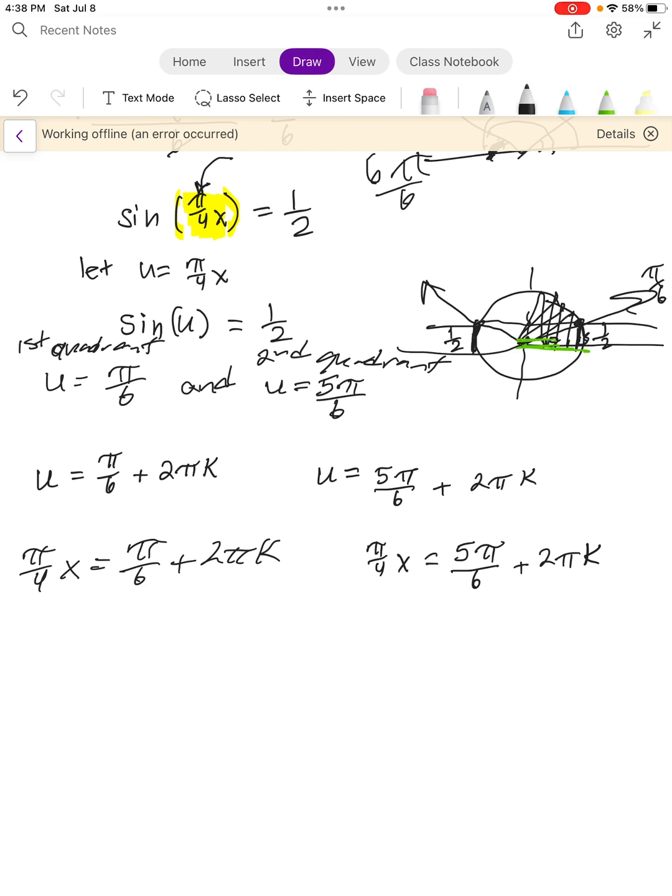And to solve for x, you can multiply by the reciprocal of pi over 4 on both sides.